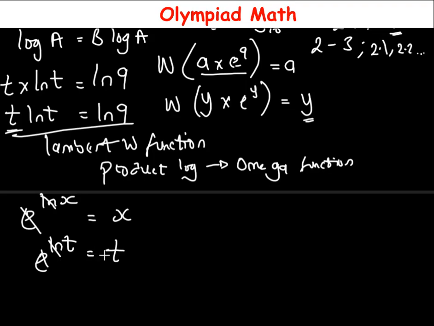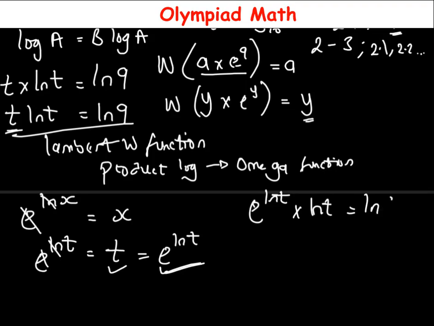So we can replace t with e to the power of ln t because it will still give us back t. Applying this in place of t here, we have e to the power of ln t, which replaces t, times ln t is equal to ln 9.